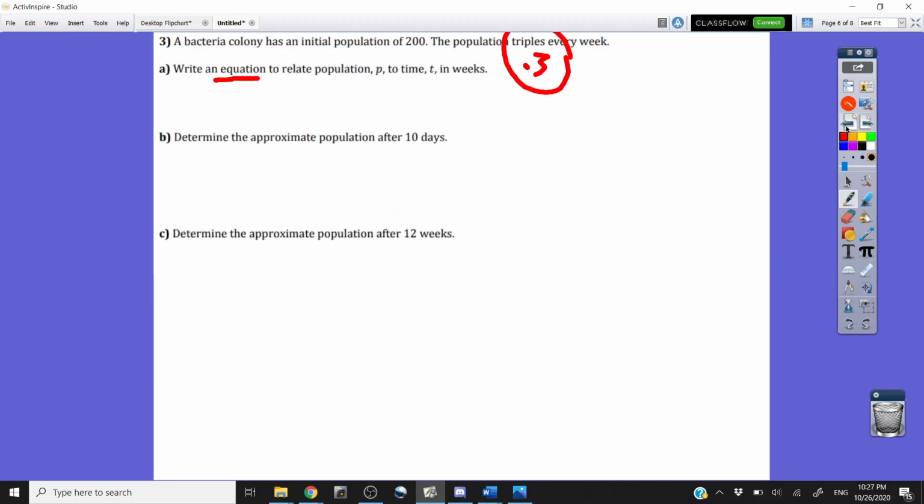So I know we've got y equals a times b to the x. And you know, a is the initial value, b is the rate we're growing at. Well, good, because I can see right here, we have initial population. It literally tells us we're starting at 200. And then it also tells us population triples every week. So those things have to be this b value. So we can go ahead and write that equation.